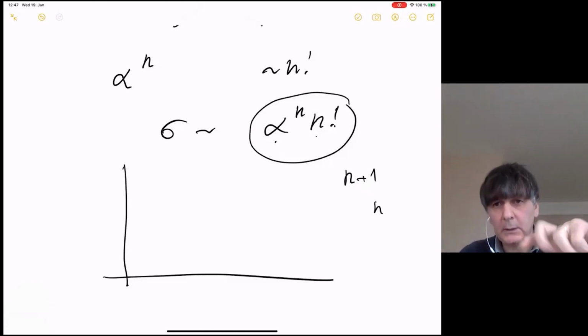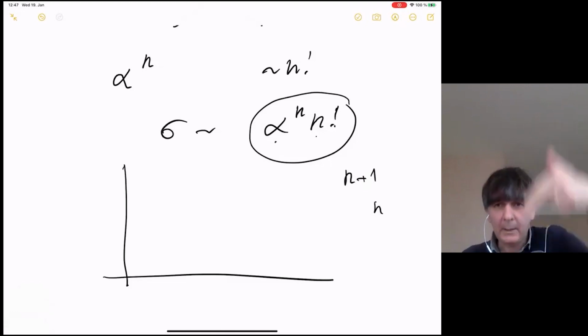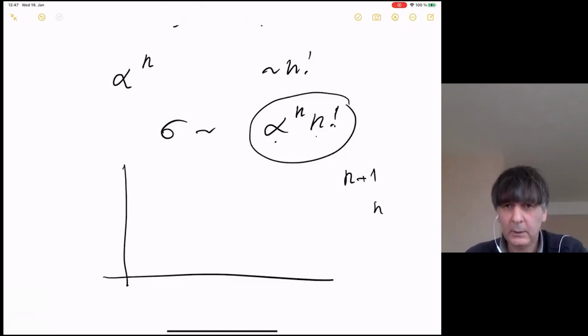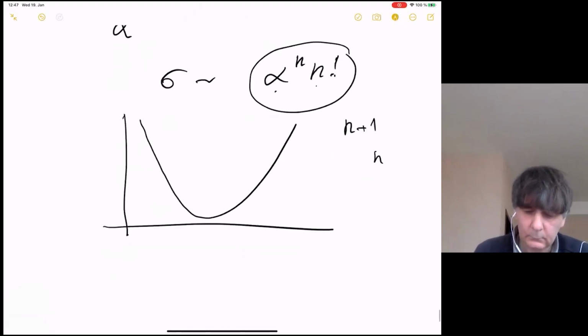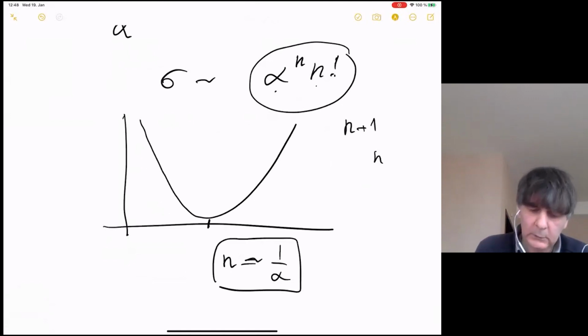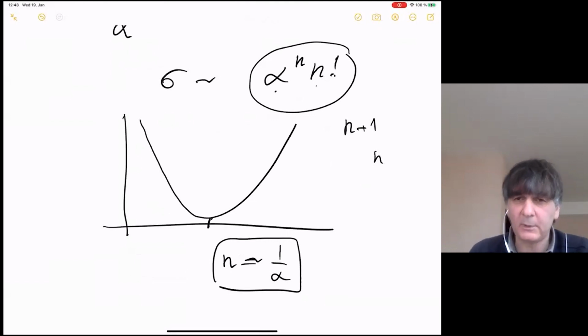As soon as the seemingly next order term becomes as important as the previous order, this expansion breaks down. And now we can see very easily that this happens at the nth order given approximately by 1 over alpha. I call this point the point of optimal truncation.